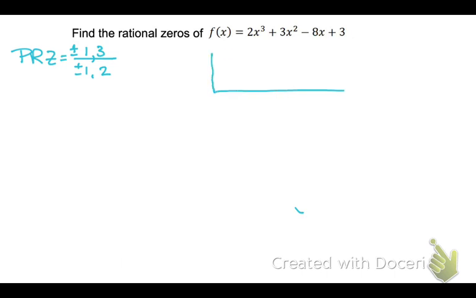So 2, 3, -8, 3. What do we want to divide by? 2. Okay, 2's not going the right way, right?